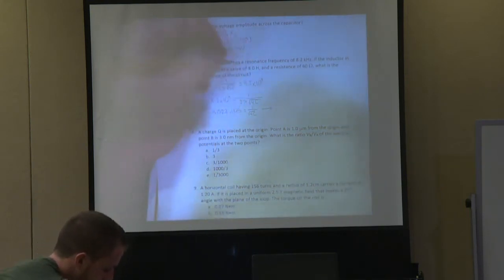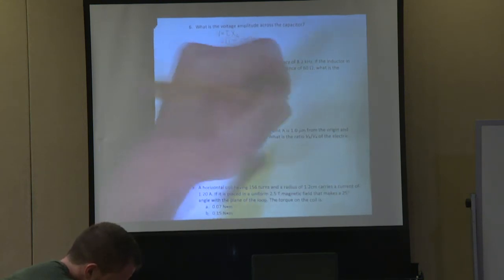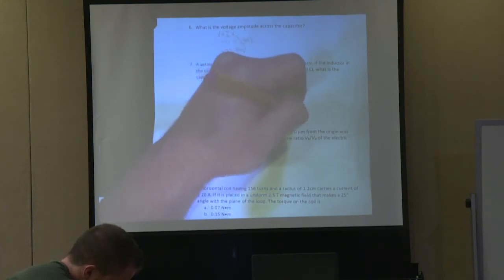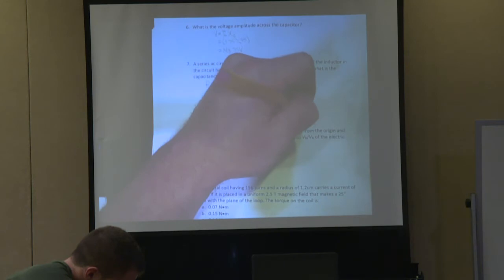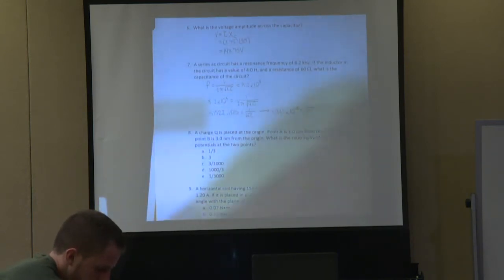Taking the inverse of 51,000, we get 1.941 times 10 to the negative fifth, equal to the square root of 4C. And then we square that value.